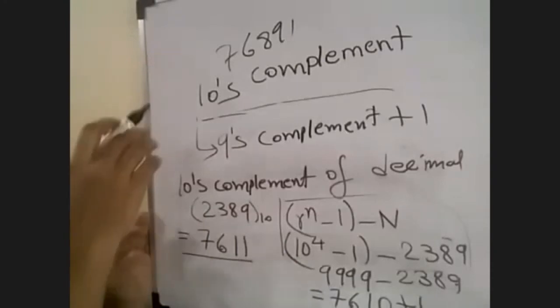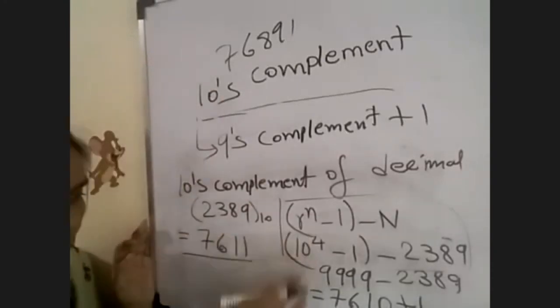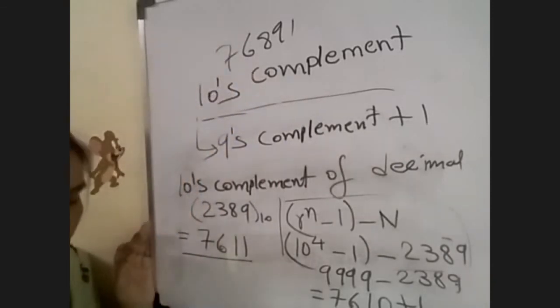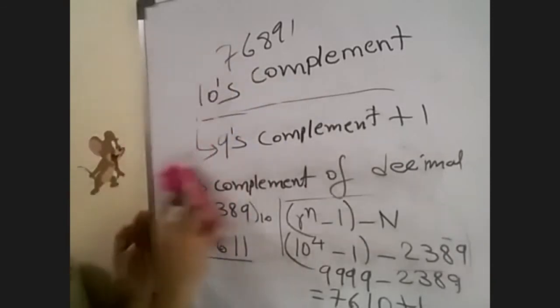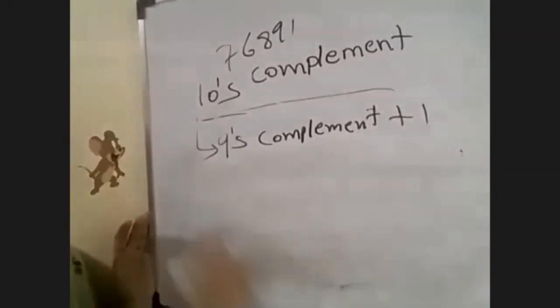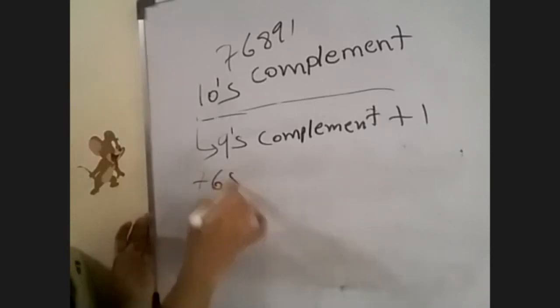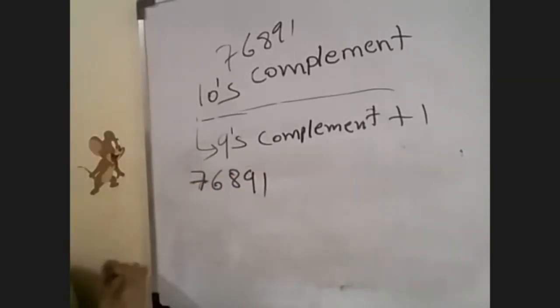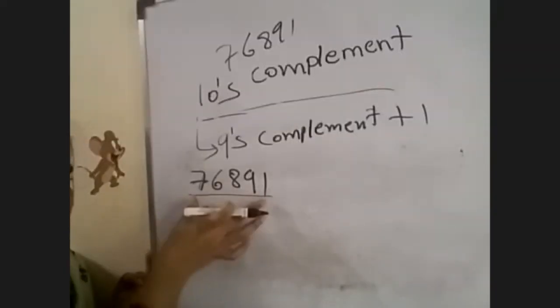You can substitute the same values in the formula and get the same result by subtracting from nines only. For example, take this problem, 76891. Find the tens complement for this decimal value. How many digits are there? 5 digits.